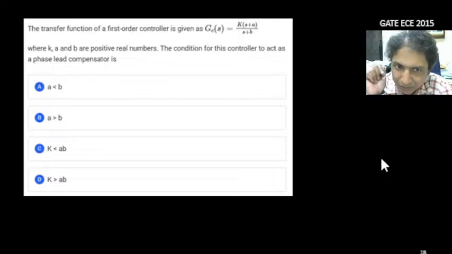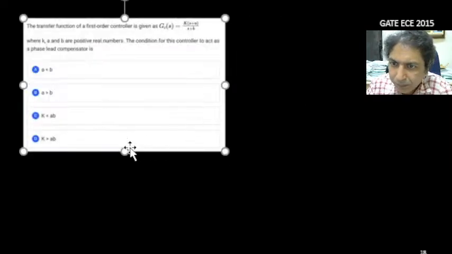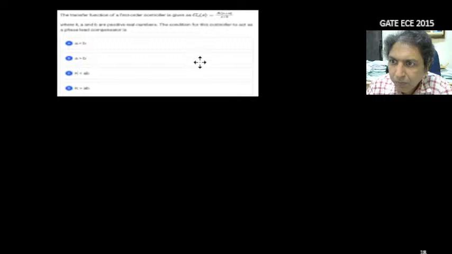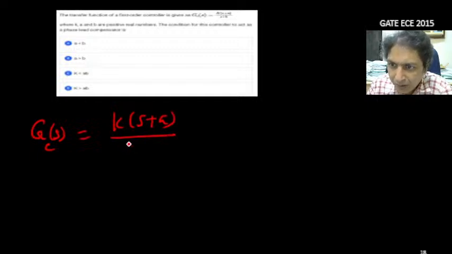Okay. So lead and lag compensator are defined simply by phase. So what you will do? Here in this case, GCS is K into S plus A upon S plus B. So where are the poles and zeros?